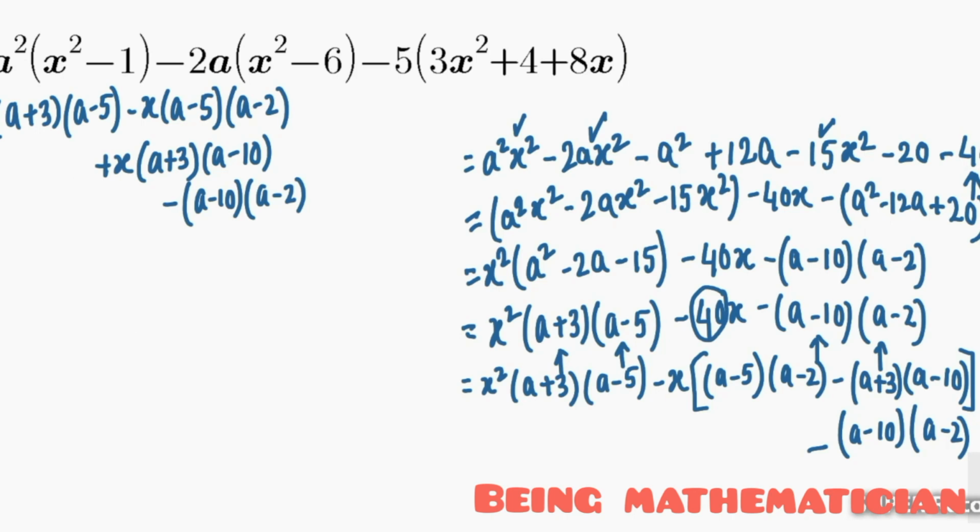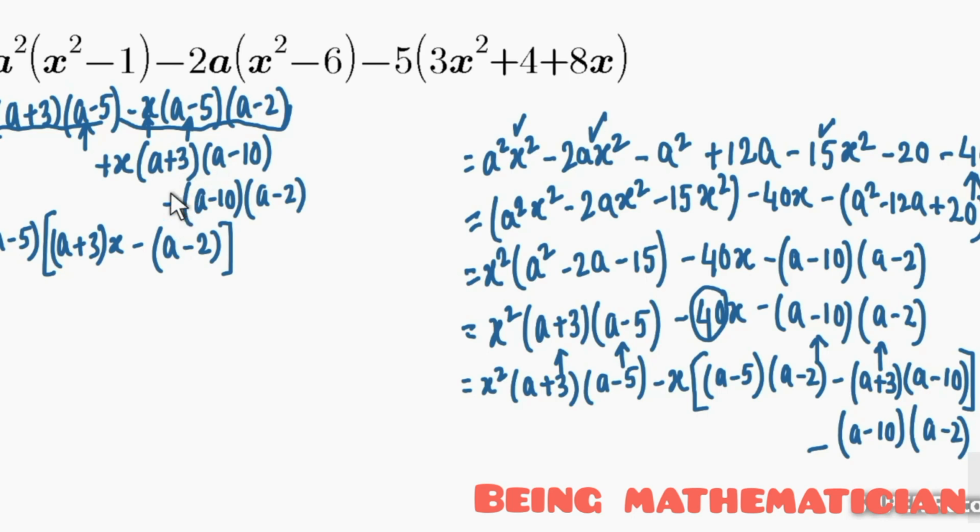Therefore, clearly the common factor from the first two terms is x(a − 5). So we take common x(a − 5), and the remaining terms are (a + 3)x − (a − 2).